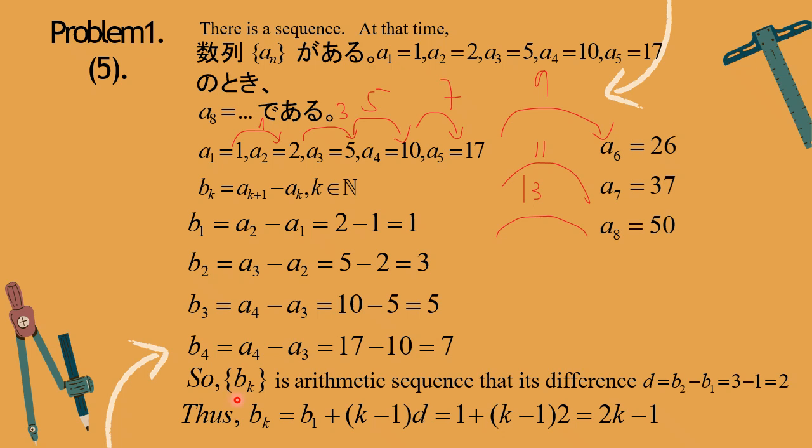So we can find the general term of the b sequence. It's b1 plus k minus 1 multiplied by its difference, where k is the number of the term. After calculating, we have 2k minus 1.